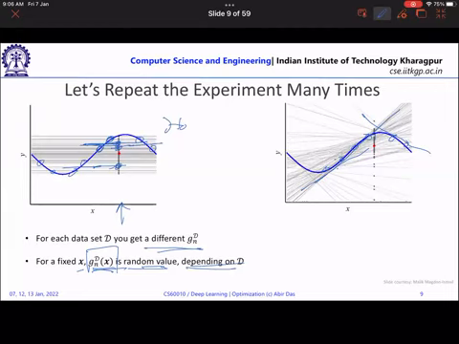Any questions? Hello, sir. Yes. Sir, we define a family of functions, that is H. Is it predefined, or do we have to calculate it by seeing how the training set goes on? See, this is a question that comes from expertise.